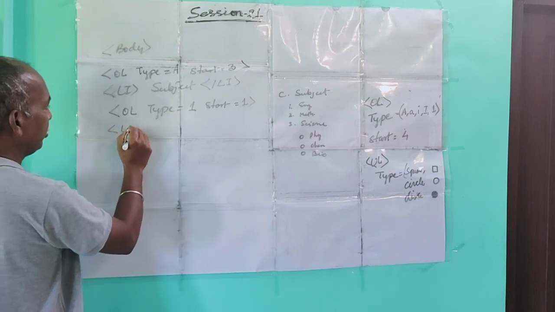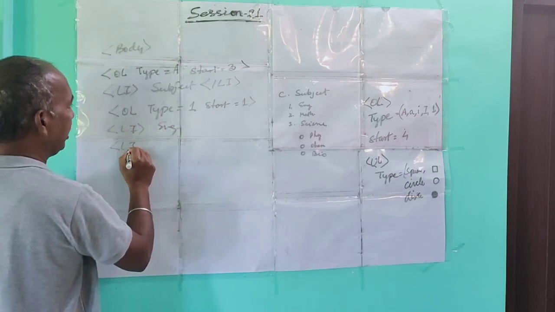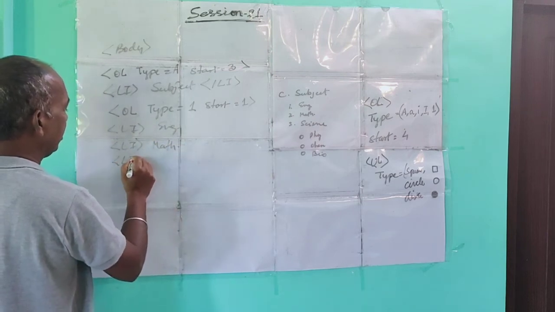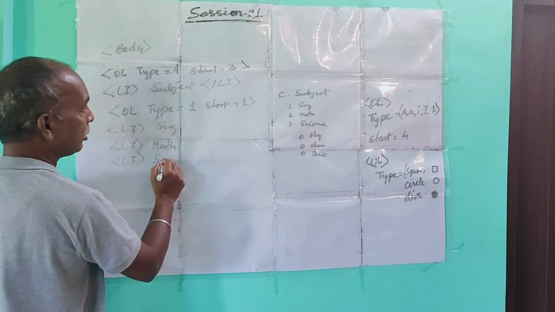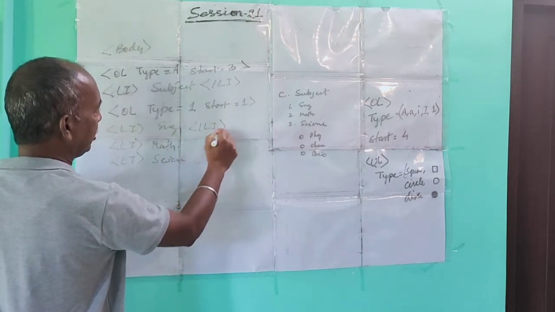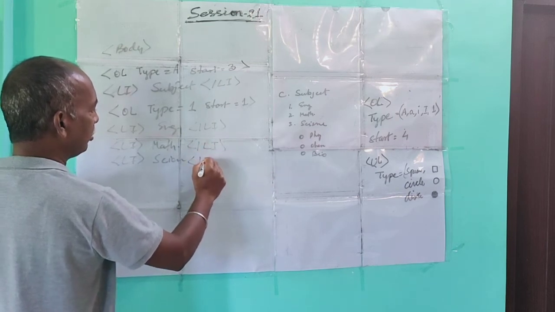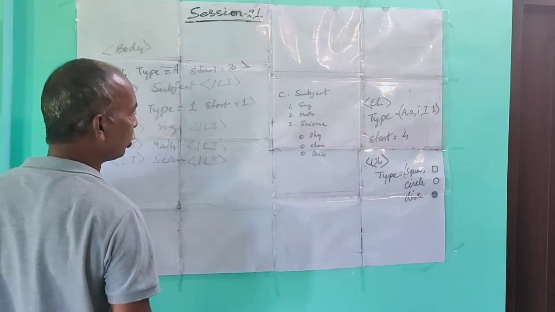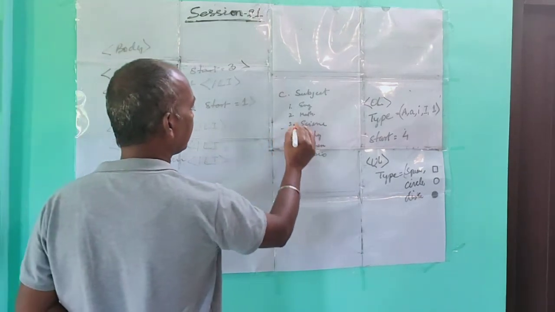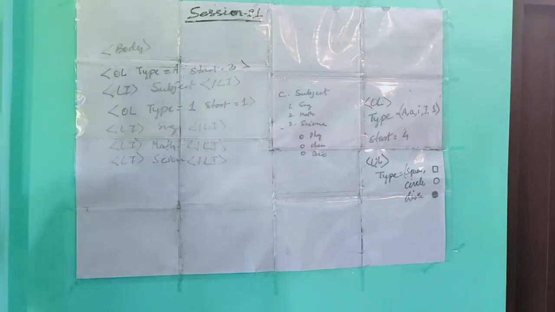The list item li English, li math, li science. You have to note down the program in your practical notebook. After science, this part is finished. So again you can start physics, chemistry, biology by using another list.